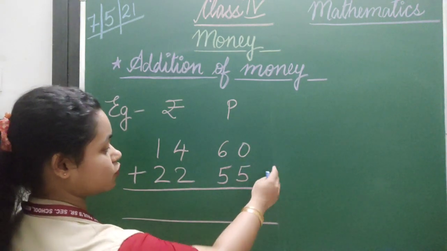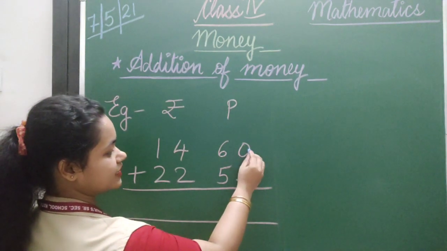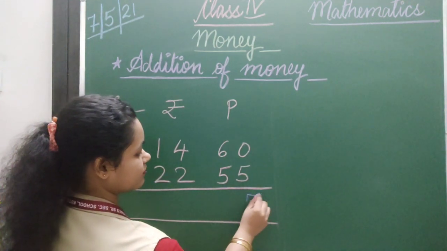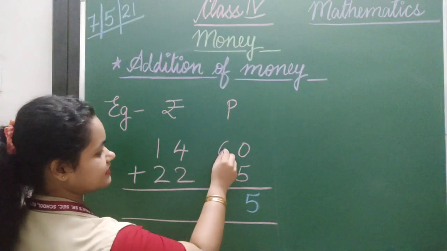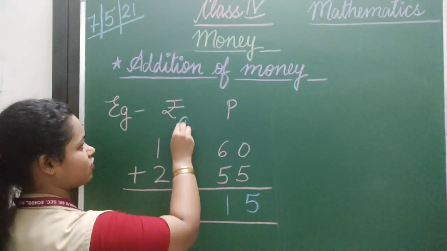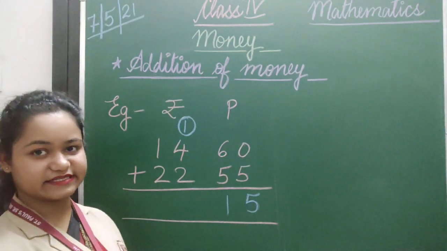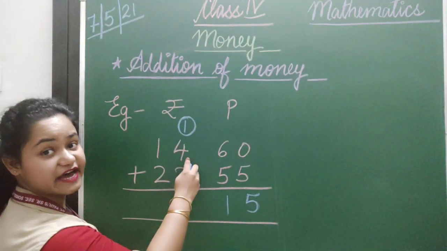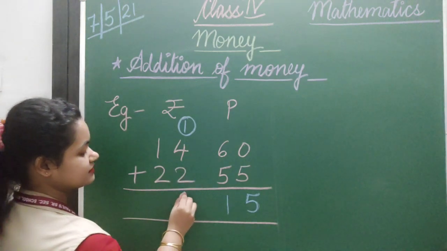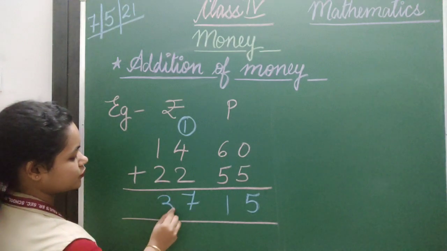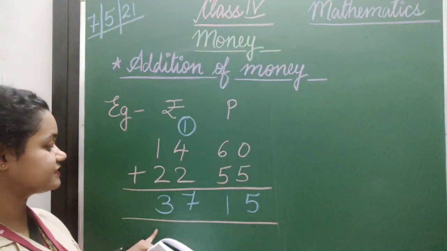Okay? So, 5 plus 0 is 5. 6 plus 5 is 11. 1 here, 1 is gone as a carry. Yes. 1 plus 4, 5. 5 plus 2, 7. And then 1 plus 2, 3. So your answer is 37.